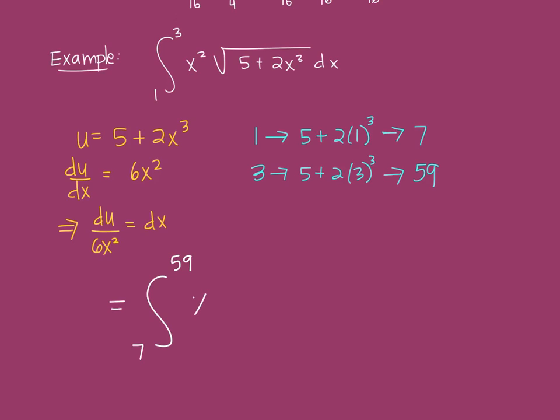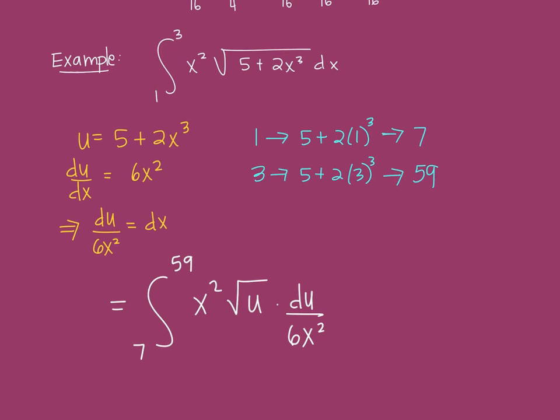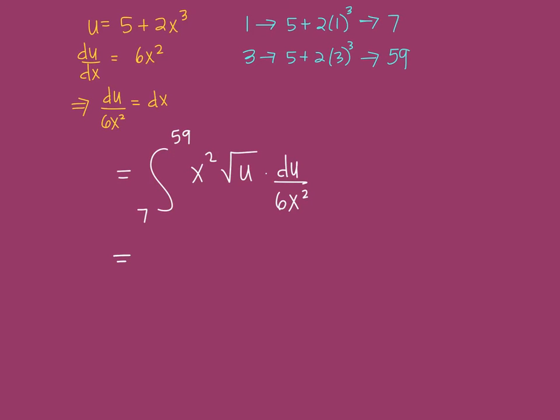And we have x squared. And then you chose the square root to be u. And then we've got du over 6x squared. So when we simplify, the x squared terms pull out, and 1/6 is the coefficient out front, from 7 to 59.